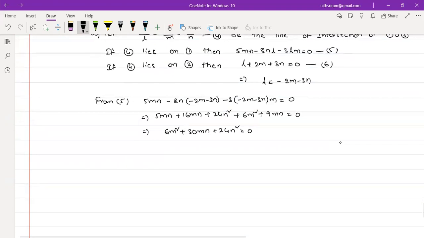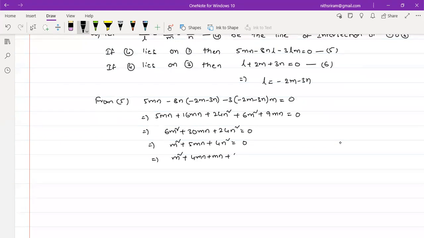So we can cancel 6 from this equation so that we get m square plus 5mn plus 4n square is equal to 0. After that, we have to find the factors. So 5mn can be written as 4mn plus mn, so m square plus 4mn plus mn plus 4n square is equal to 0. I have found the factors. Right.